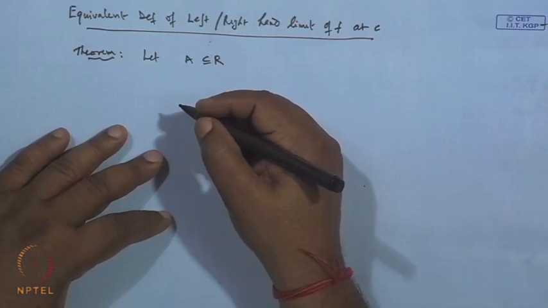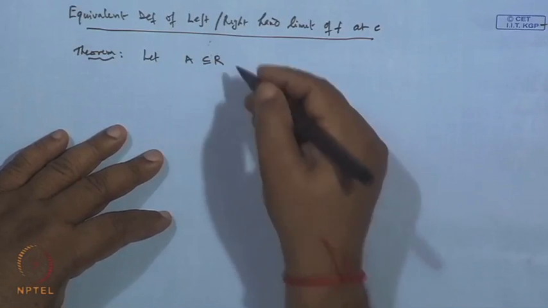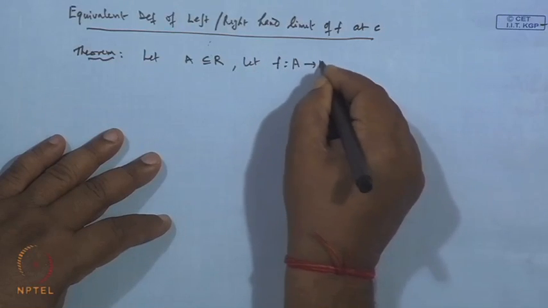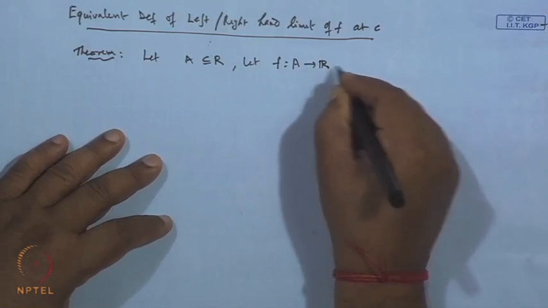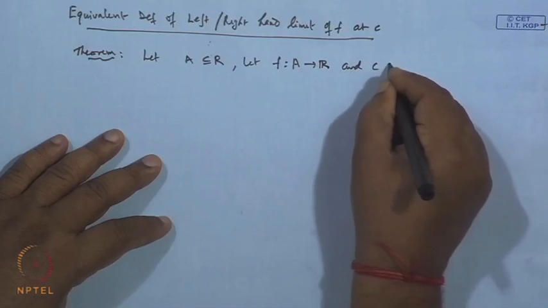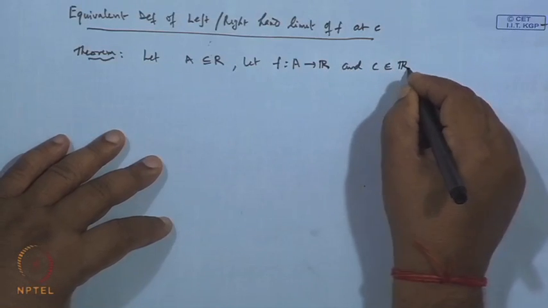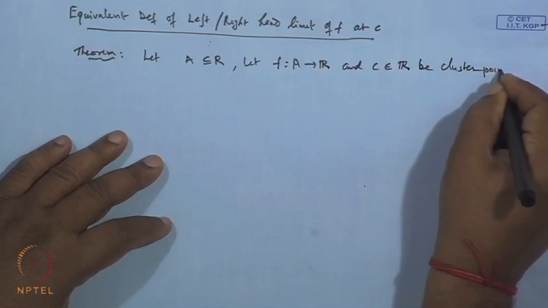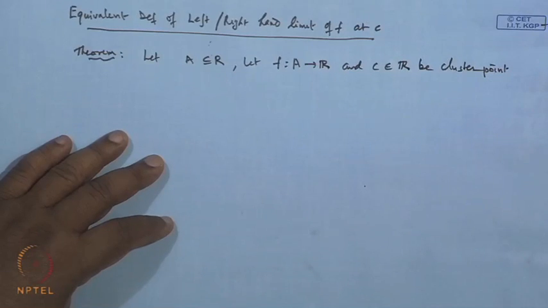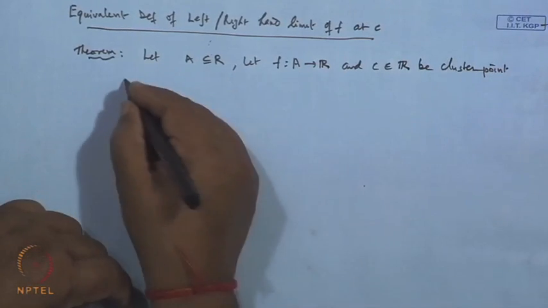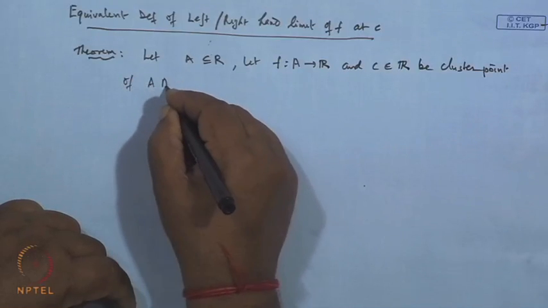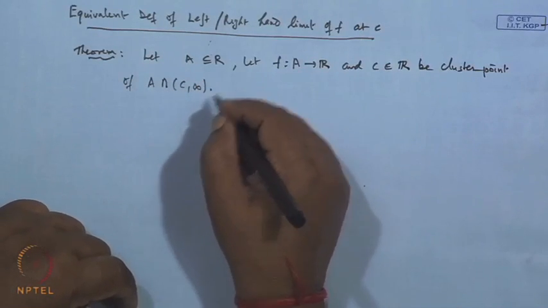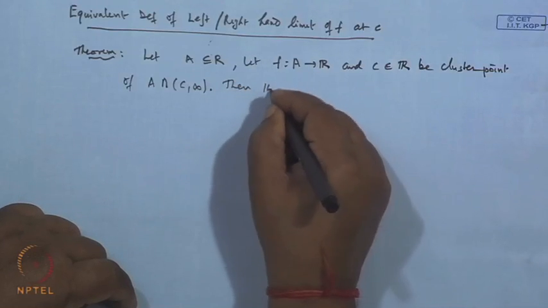Let A be a subset of R, and let f be a mapping from A to R, and let c in R be a cluster point of A intersection (c, infinity). Then the following statements are equivalent.